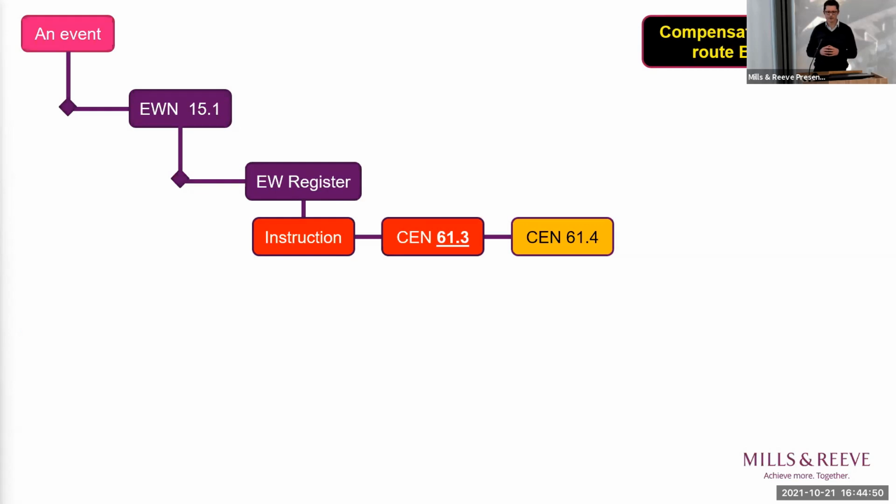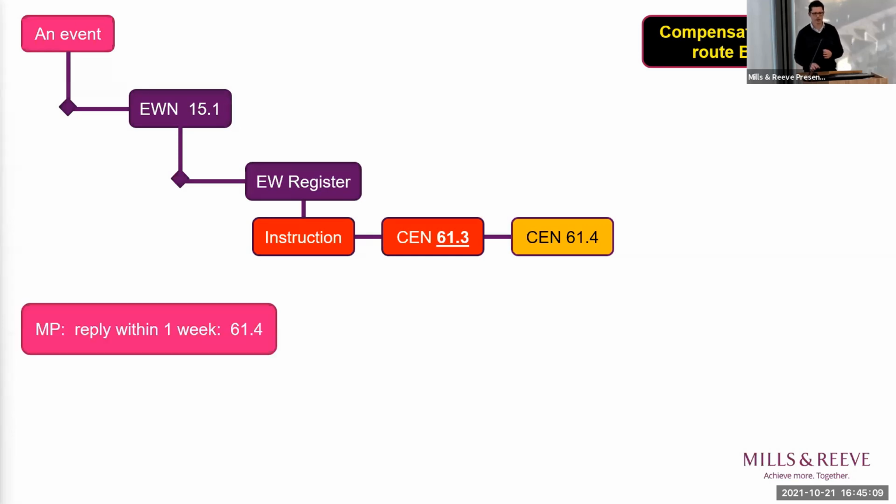So what happens when a 61.3 notice lands? The PM has to do something upon receipt of that notice, and 61.4 gives us a little bit of guidance as to what the project manager should do. The first thing to note is the project manager does not have much time in which to reply to a compensation event notice.